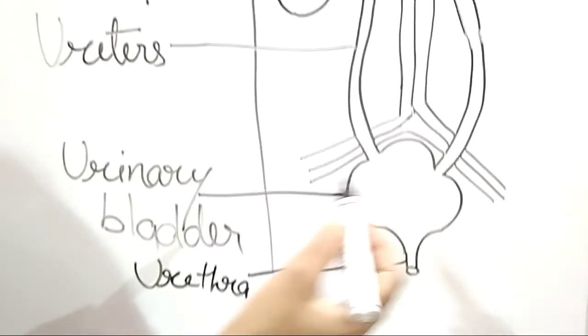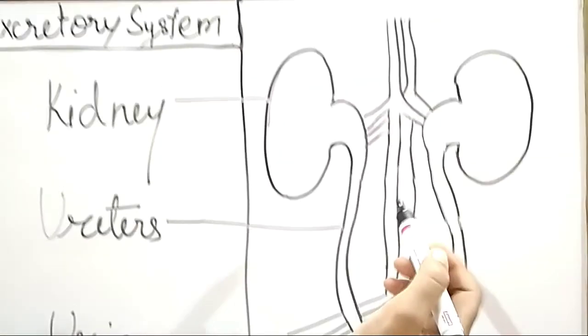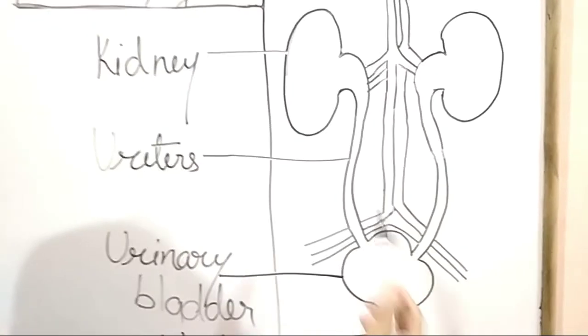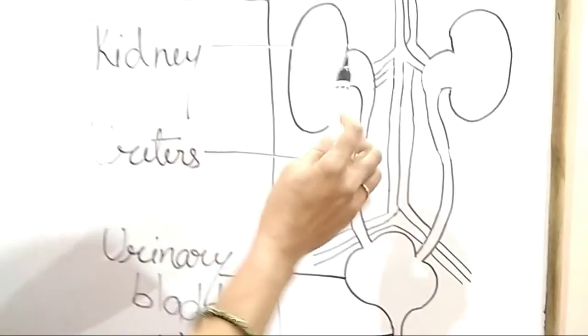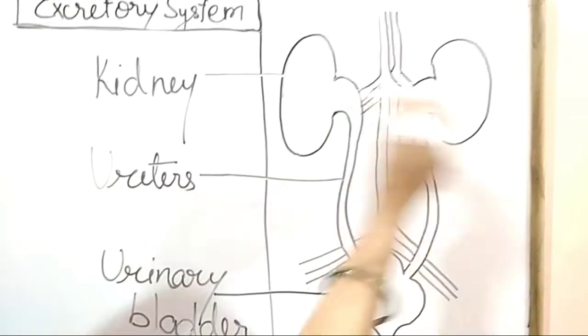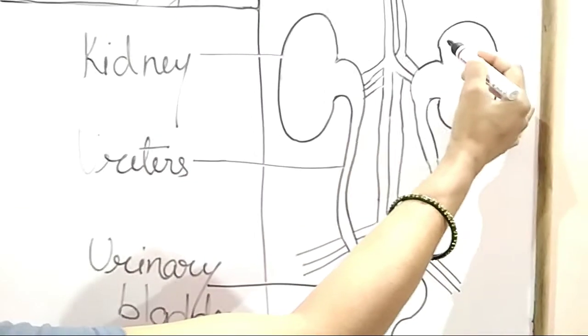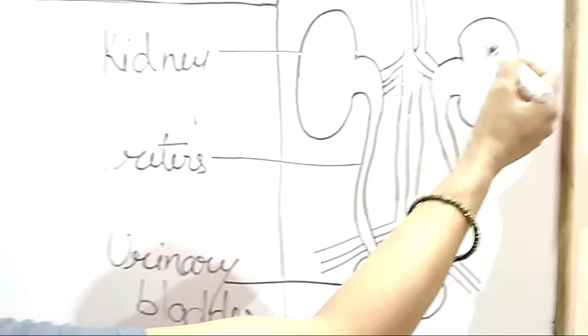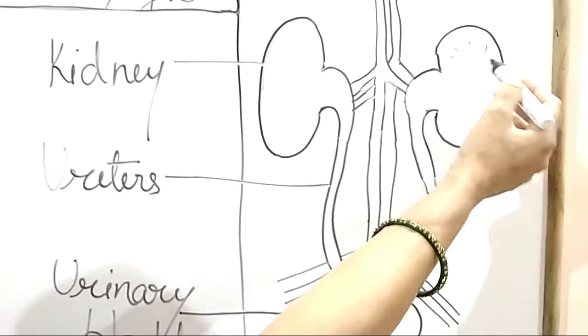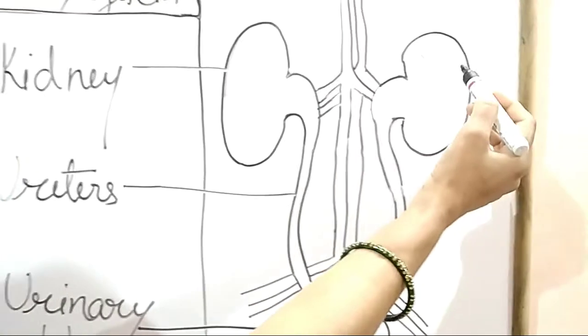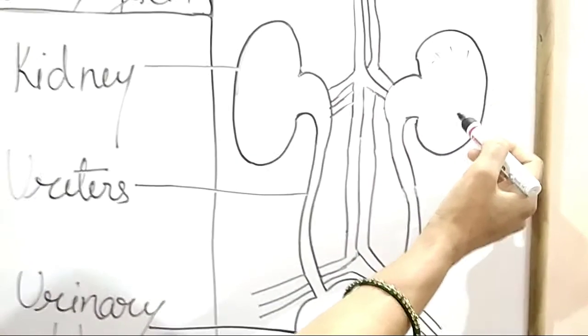Now we will understand the functioning, or we can say the working, of the urinary system. Inside the kidneys there are millions of nephrons. Actually, nephrons are the filters. They are the filtering units, the main organs of the kidney.